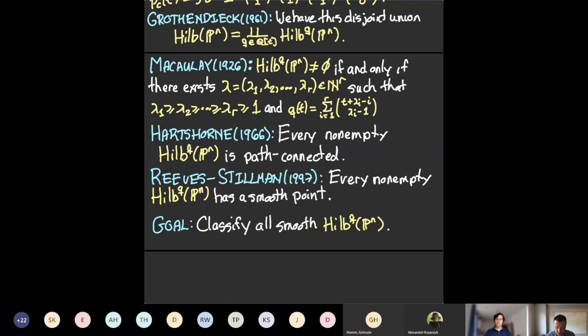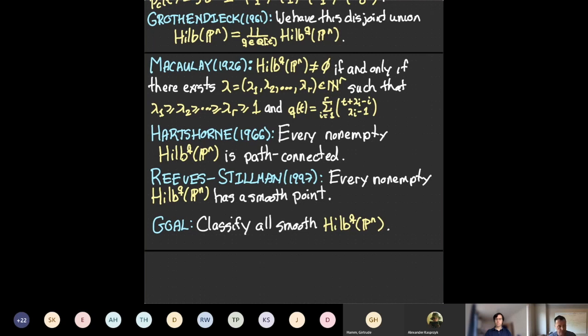So I should say all three of these results that appear on this page, unlike Grothendieck's original results, really do apply only to projective space. I don't know an analog of Macaulay's result for any other projective variety. There's no analog known for Hartshorne's result for other projective varieties.